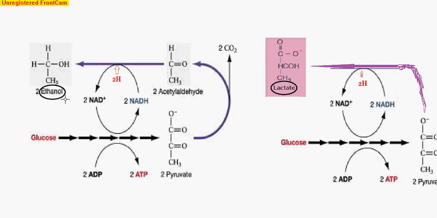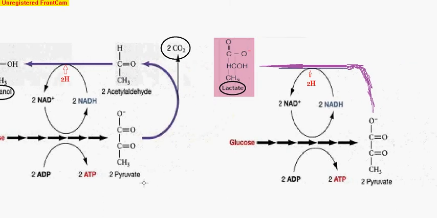In the ethanol pathway, an aldehyde is formed, after carbon dioxide is released. This pyruvate loses its carbon dioxide and forms aldehyde, which then forms ethanol. But in the lactate pathway, which is in animals, this does not happen that way.